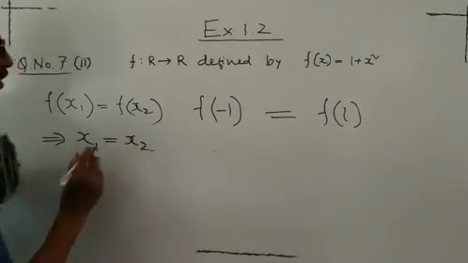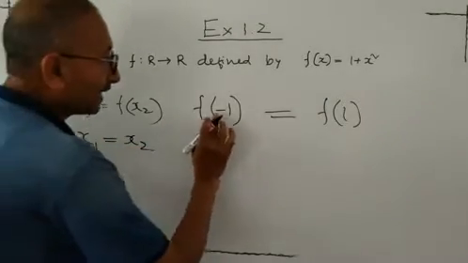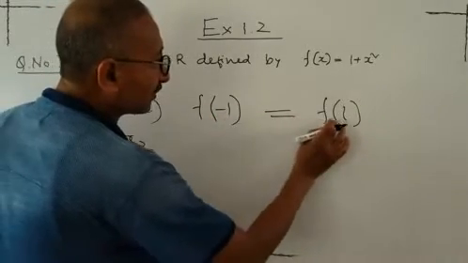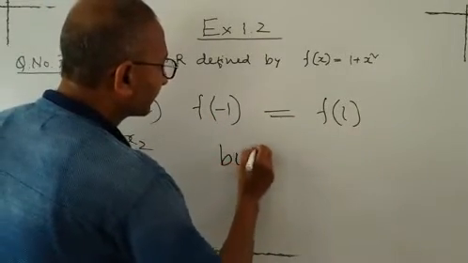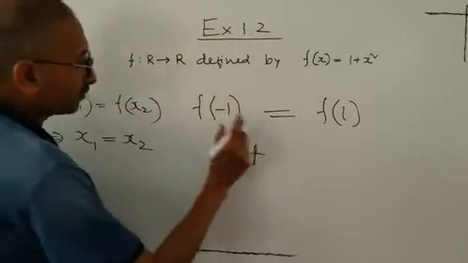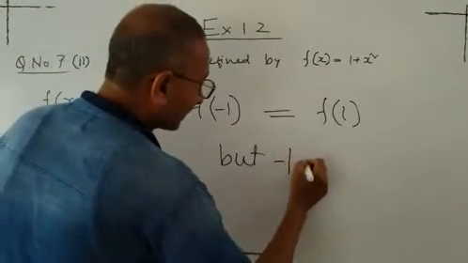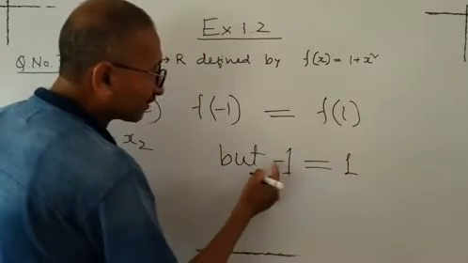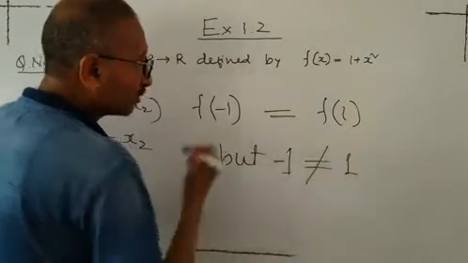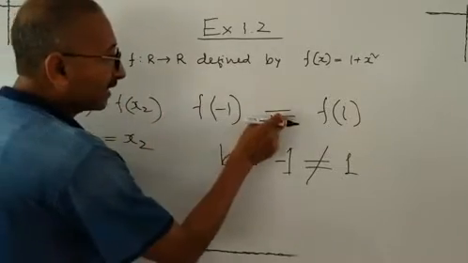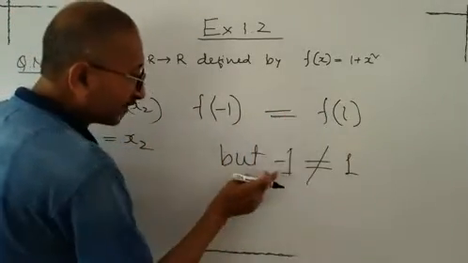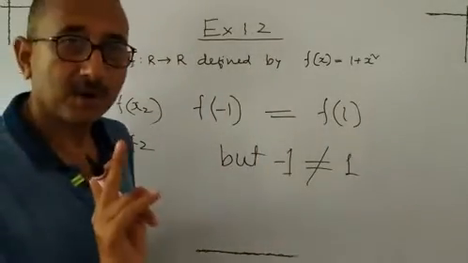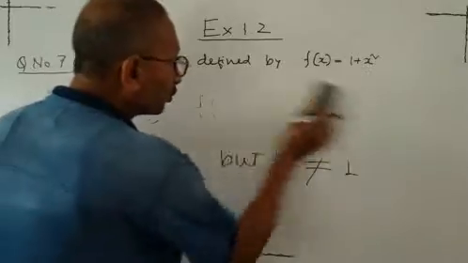But can we get x1 equal to x2? Is it true? No, this is not true. Minus 1 is not equal to 1. So f of minus 1 is equal to f of 1 doesn't imply that minus 1 is equal to 1. So this function is not 1-1. Understood?